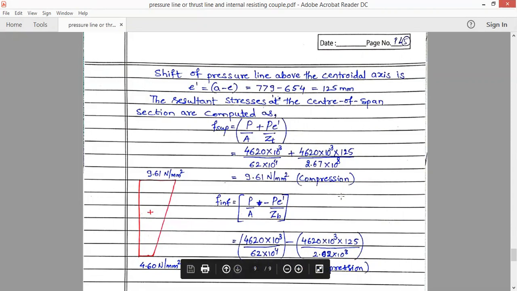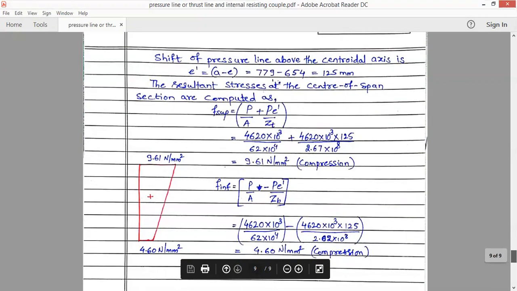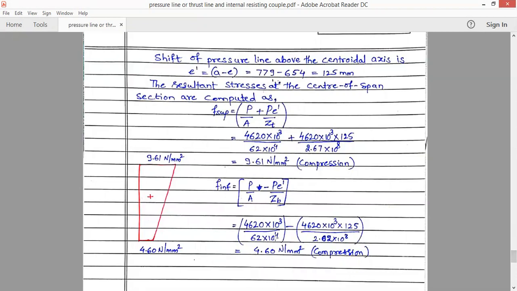One thing you can do here is take one simple problem and solve it with both methods, where you can compare the values of top fiber as well as bottom fiber stresses. Both will be the same, whether you use E dash or E value; the stress will be the same in both cases.